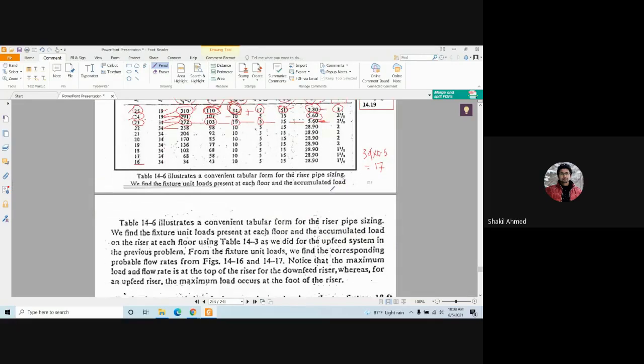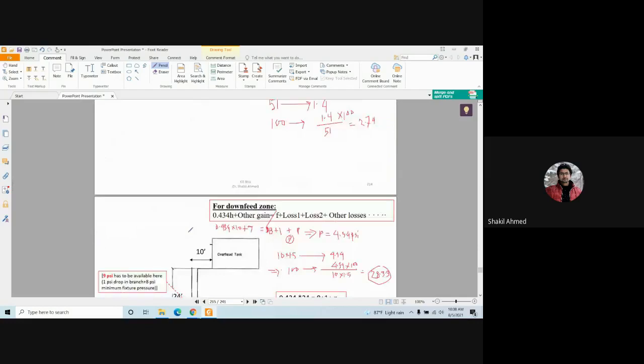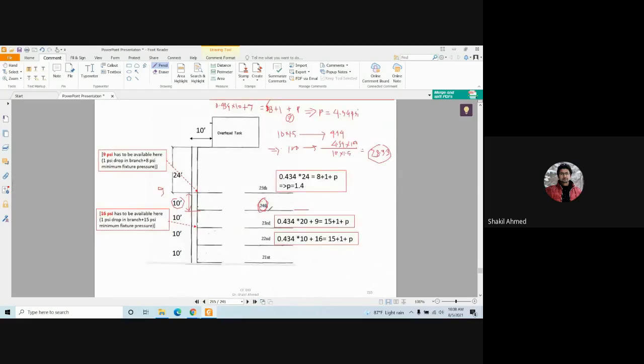This is very high pressure, but that's why we didn't use this. Since this is in between the 25th floor and the 23rd floor, whatever pressure drop we get from here, we can safely put it here because this is in between.